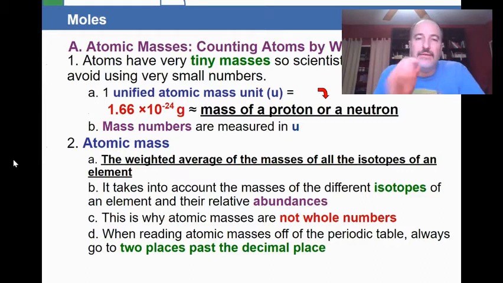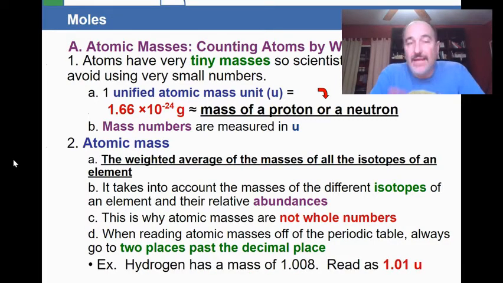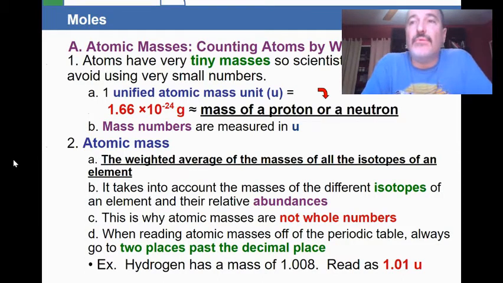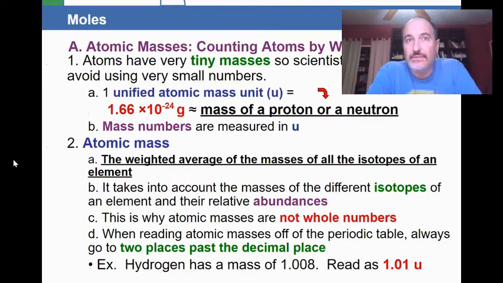So you have the number, decimal, and then 2 more places. You round off after that second place. So for example, hydrogen on the periodic table says it has a mass of 1.008, but you should read it as 1.01 U's.